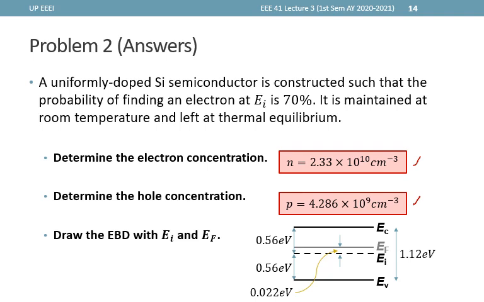Then insert that into our energy band diagram. And again, remember that when the material is n-type, the Fermi level must be above EI.